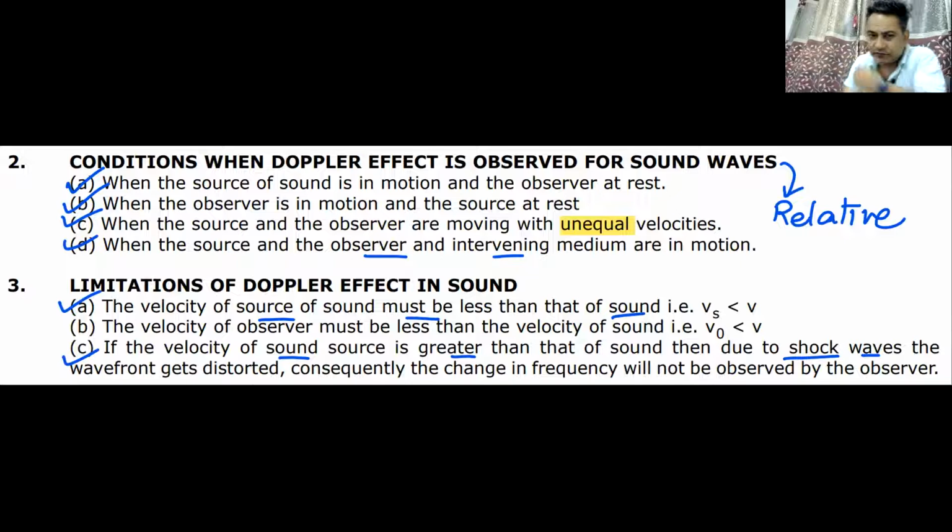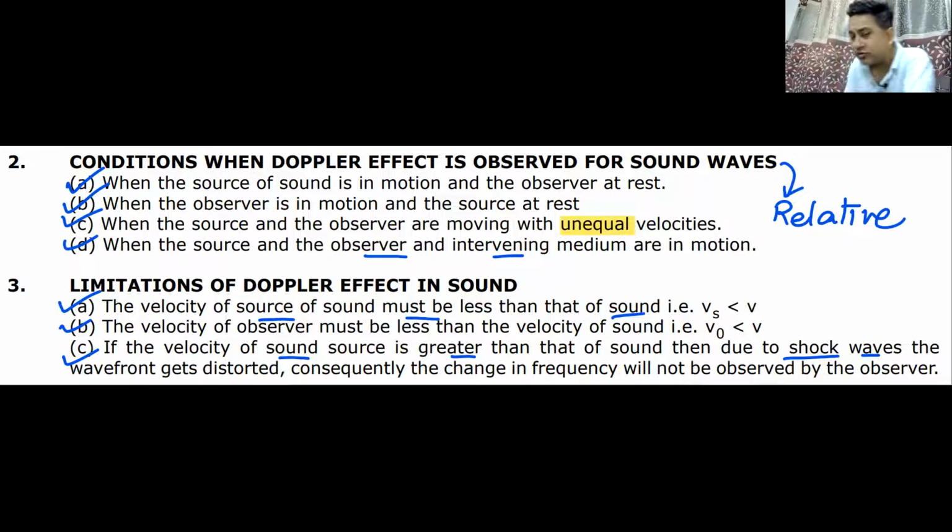When someone breaks the sound barrier, moving faster than sound, as jet planes do, you will not observe any Doppler effect because of this plane moving so fast. It will generate shock waves, and your Doppler effect would be lost.